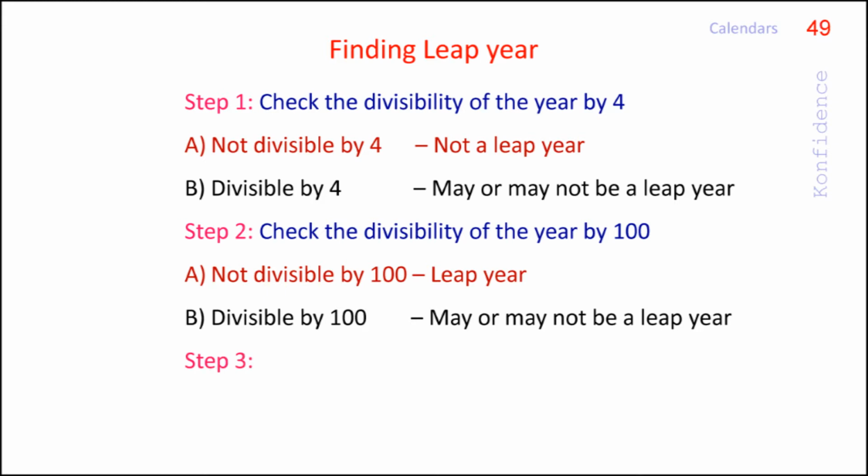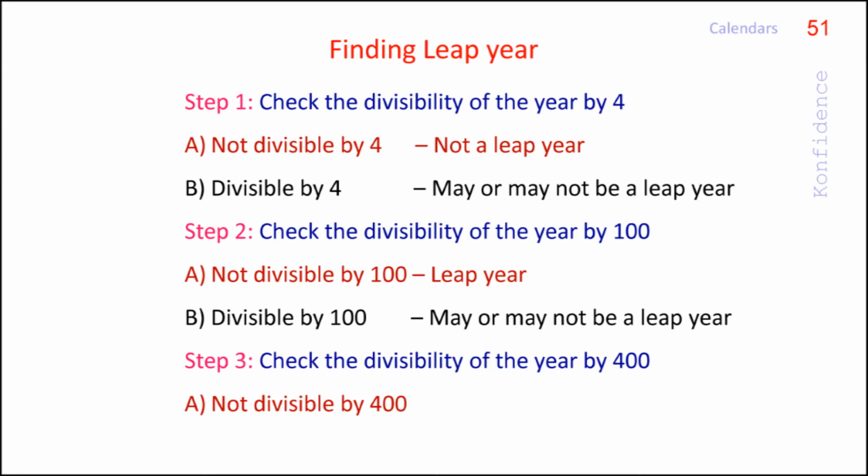As step 3, check the divisibility by 400. Here also, there are two possibilities. A. It is not divisible. Then the year is not a leap year. Here, the year is divisible by 4 and by 100, but it is not divisible by 400.